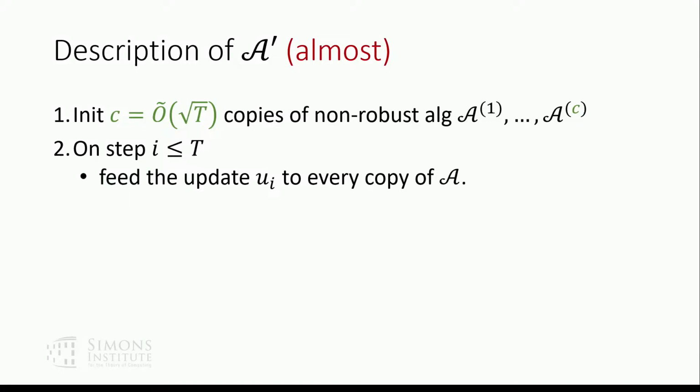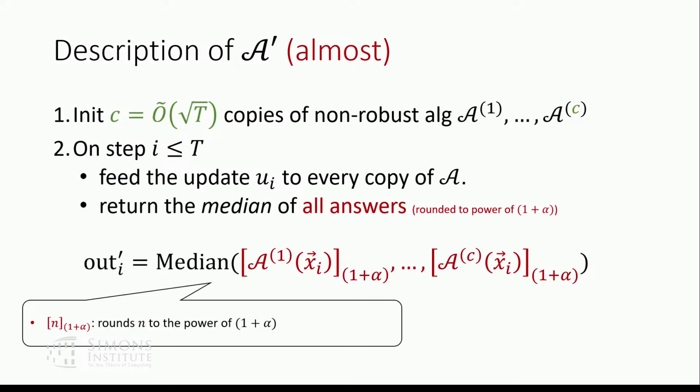We feed the ith update to every copy of A. And after that, we return the median of all the answers we have seen, after rounding them up by powers of 1 plus alpha. So you just look at what each copy of A returns, round up a bit, and then return the median.